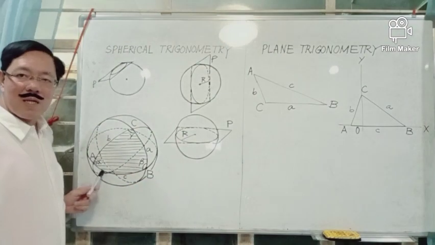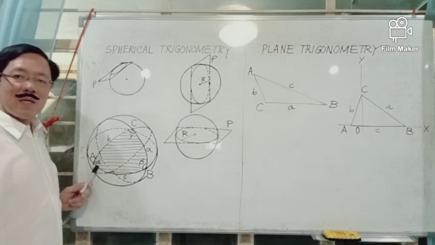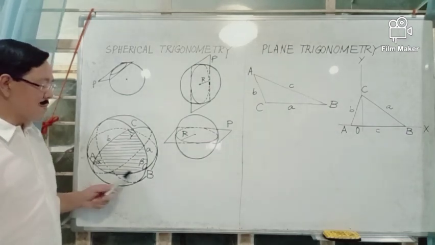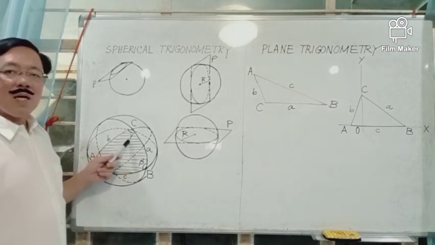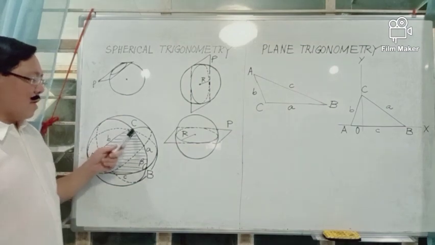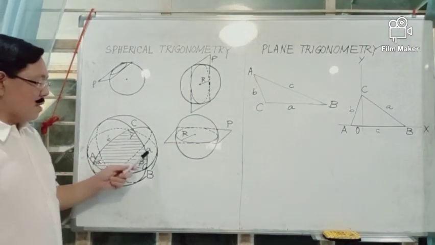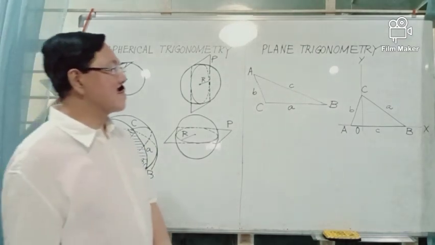In this spherical triangle, the 3 angles are denoted by the Greek letters alpha, the angle at vertex A, beta, the angle at vertex B, and gamma, the angle at vertex C. And the 3 sides opposite each vertex are denoted by small letters of the English alphabet.